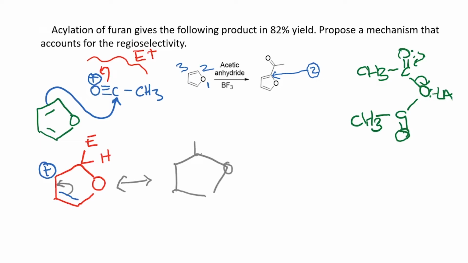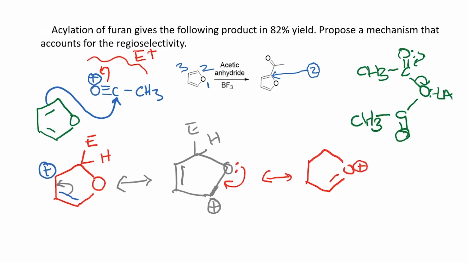Oxygen is here, E and H remain in the same positions. This double bond moves here, and you get a positive charge here, right? So this is clearly possible, and now this is a very nice situation where you have a lone pair on oxygen which can move in here, and it's going to give you a nice and stable oxocarbenium ion shown here, right?